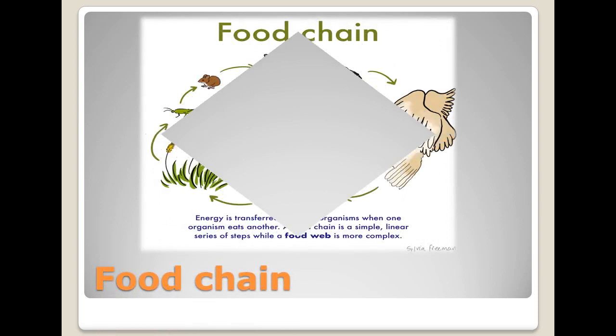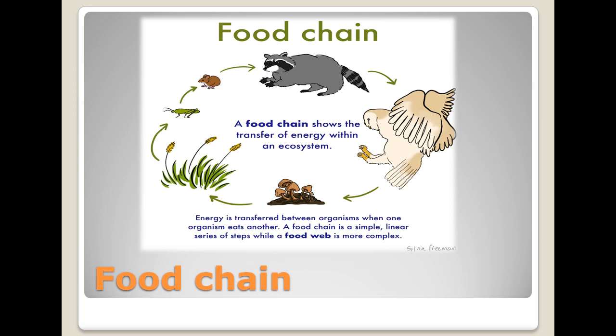Let us see one more diagram of the food chain. Again the same thing. Here grass is there, then grasshopper. Here there is a rat, then the rat is eaten by the skunk. Then over here we have the eagle, and then the eagle after death. Here we can see these are microorganisms, fungi.